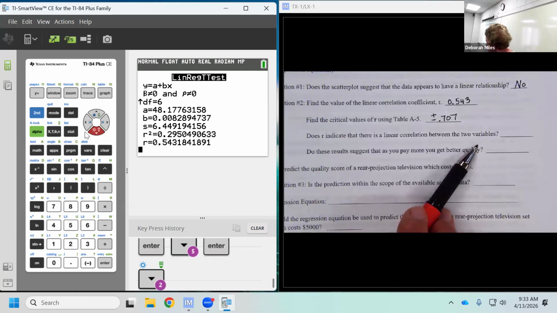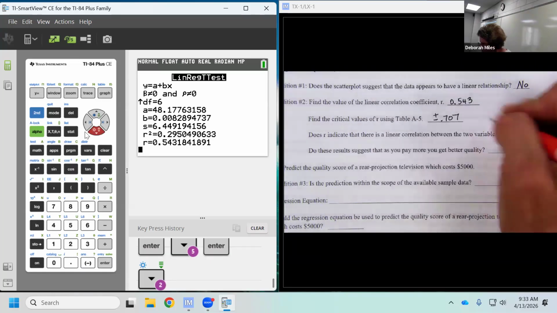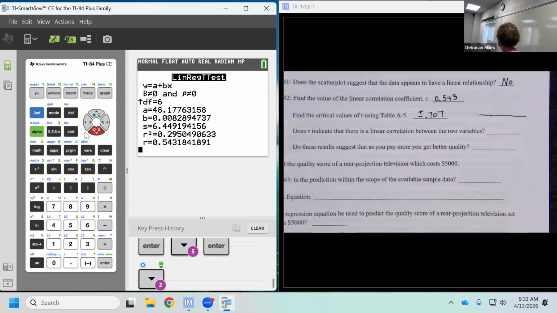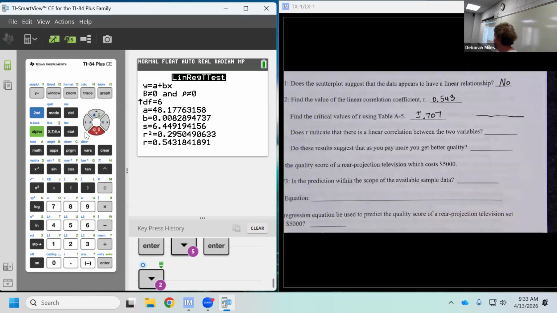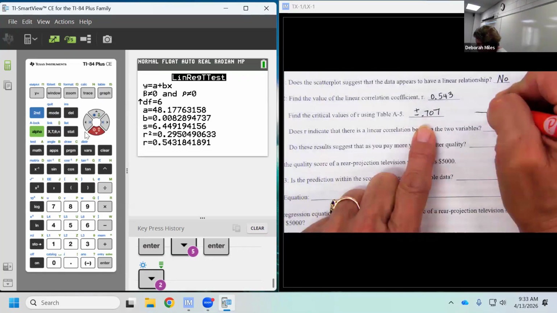How do you decide if it's close enough to -1 or 1? Comparing it to the critical values. So we put those critical values on a number line.